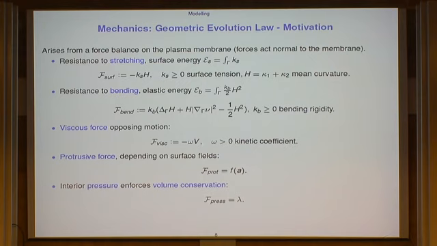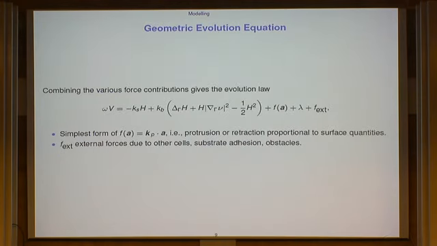And because I assumed a force balance on the cell membrane, bringing together these force contributions gives me my evolution law, which looks like this. So it's an equation for the normal velocity of the cell. The simplest form of coupling to the surface fields is to assume we have protrusion or retraction proportional to these quantities that live on the surface.